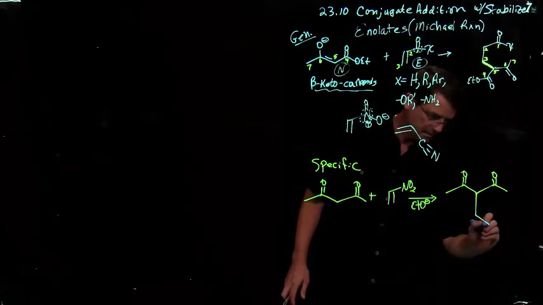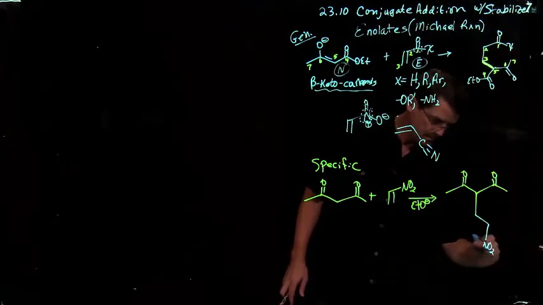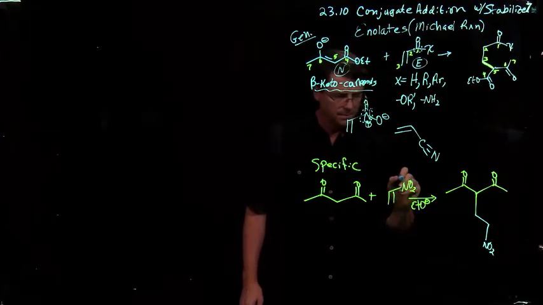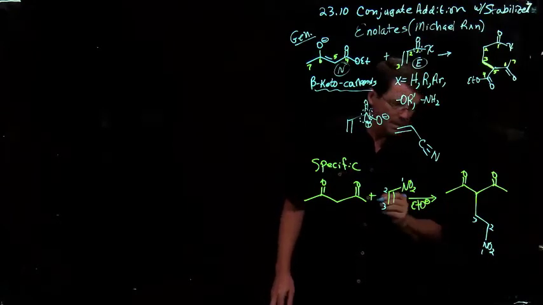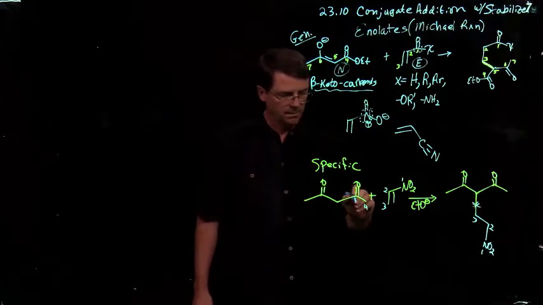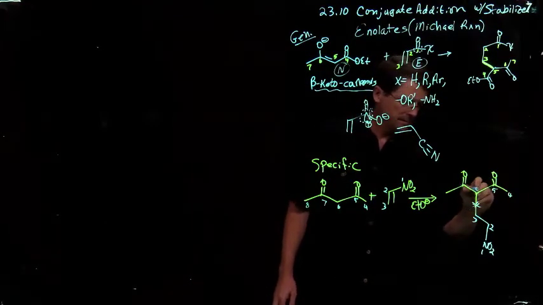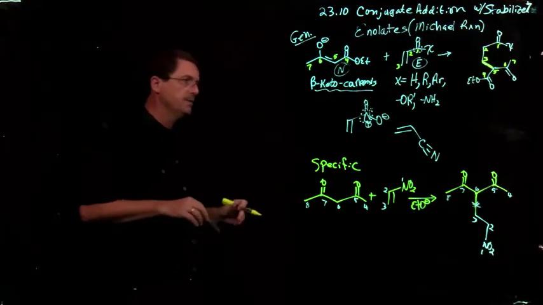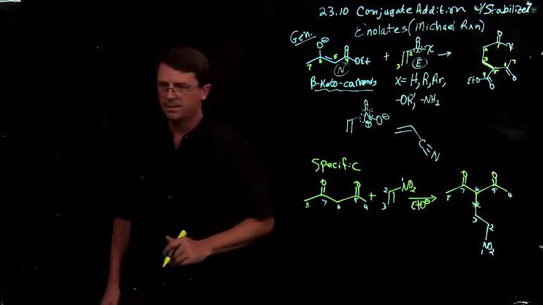And then 1, 2, NO2. So here's nitrogen's 1, carbon's 2, carbon's 3. Here is the bond that we made, and then 4, 5, 6, 7, and 8. All right, so those are the basic features of this reaction. Again, practice, practice, practice those specific problems.